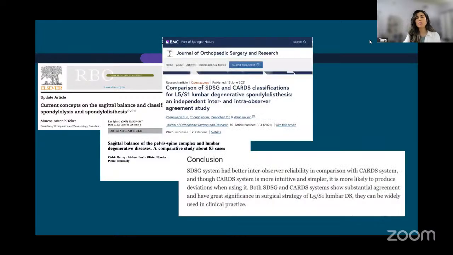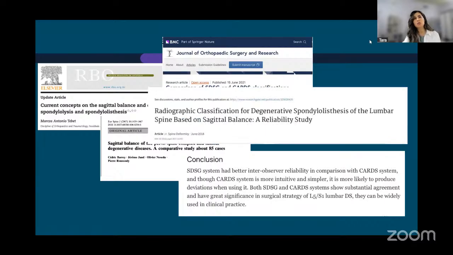I will not go into the details of these studies due to the time limit, but overall, many classifications of spondylolisthesis have been published, starting from Meyerding's, Newman's and the Marchetti classification, but none of these gave an insight into predicting the progression of the pathology or guiding surgeons on how to choose an operative approach, until in 2005 the Spinal Deformity Study Group, SDSG, made a classification grading spondylolisthesis along with the spinopelvic parameters.